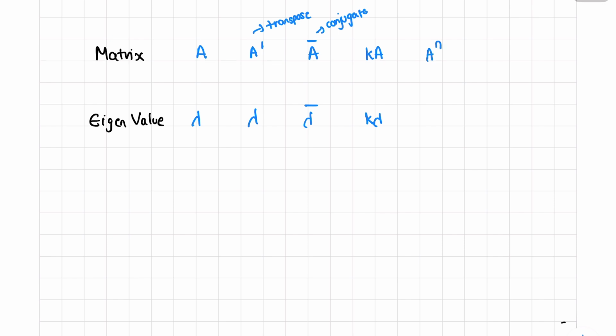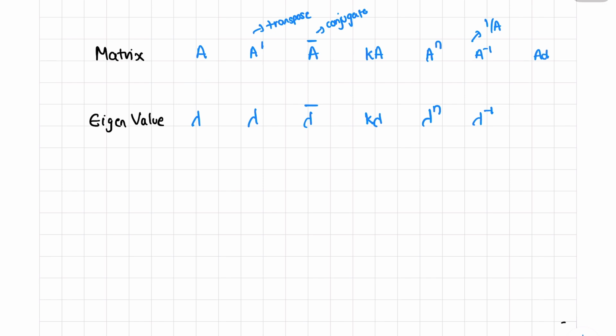If in the question they have asked us to calculate the eigenvalue of A raised to 100, and they have only given us the matrix A, then we will calculate the eigenvalue of A and simply raise it to the power 100, that is lambda raised to n. Next property is A inverse, that is 1 by A. So the eigenvalue of the corresponding matrix will be lambda inverse.